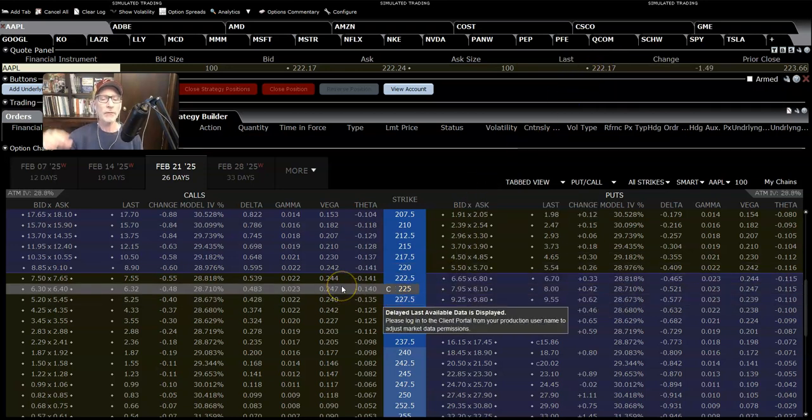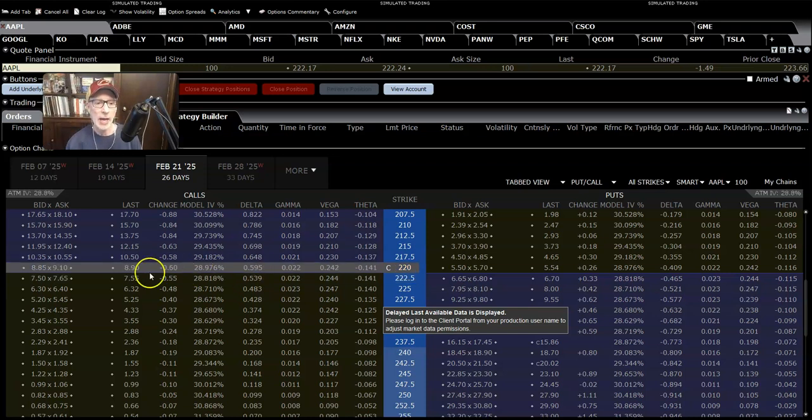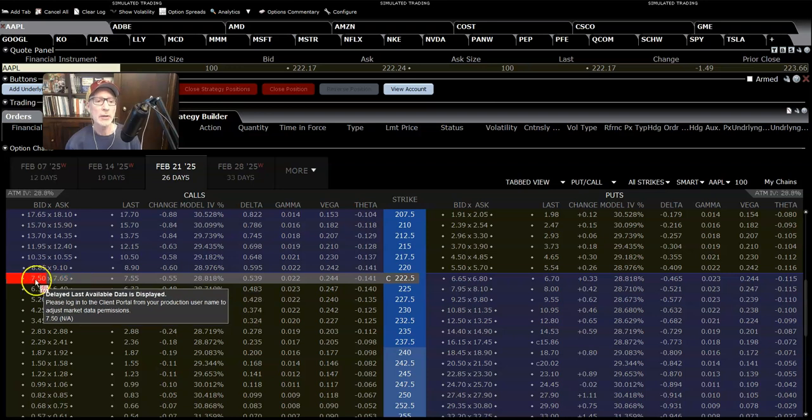What that means is that if you bought the call option and the delta is about 54%, so if Apple jumps $1 per share, this option contract should move up in value by about 54 cents per contract, or $54. So it's about half of what the Apple stock does. If Apple goes up $1, the call option should go up about 54 cents per contract, or 54 actual dollars.